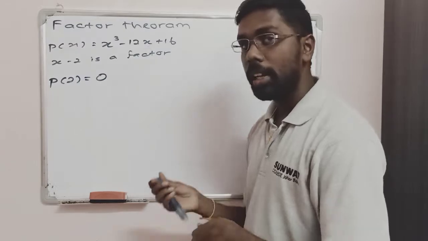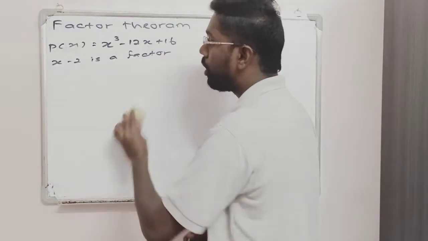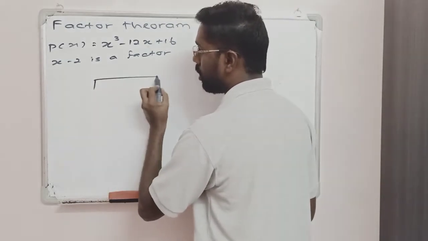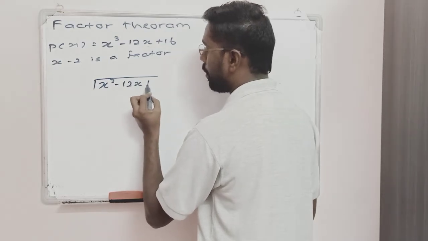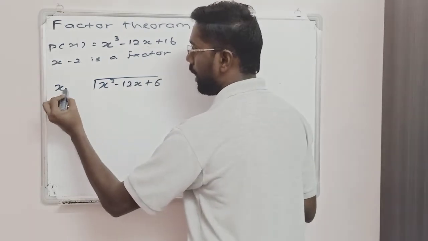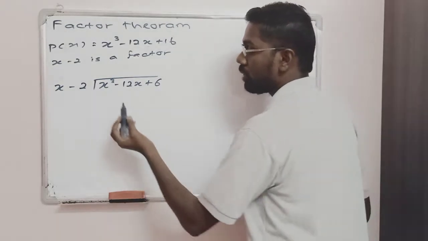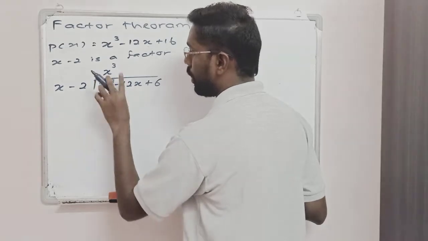Another way we can say it is a factor is by using long division. For example, x cubed minus 12x plus 16 divided by x minus 2. By using long division, it will be x squared.